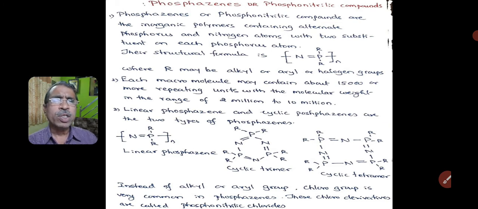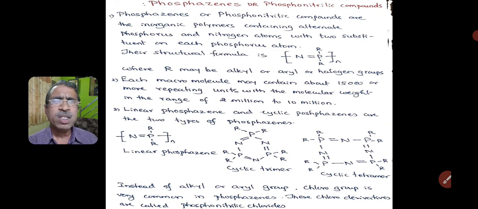Each macromolecule may contain about 15,000 or more repeating units, with a molecular weight in the range of 2 million to 10 million. We have two types of phosphazenes: linear phosphazenes and cyclic phosphazenes.